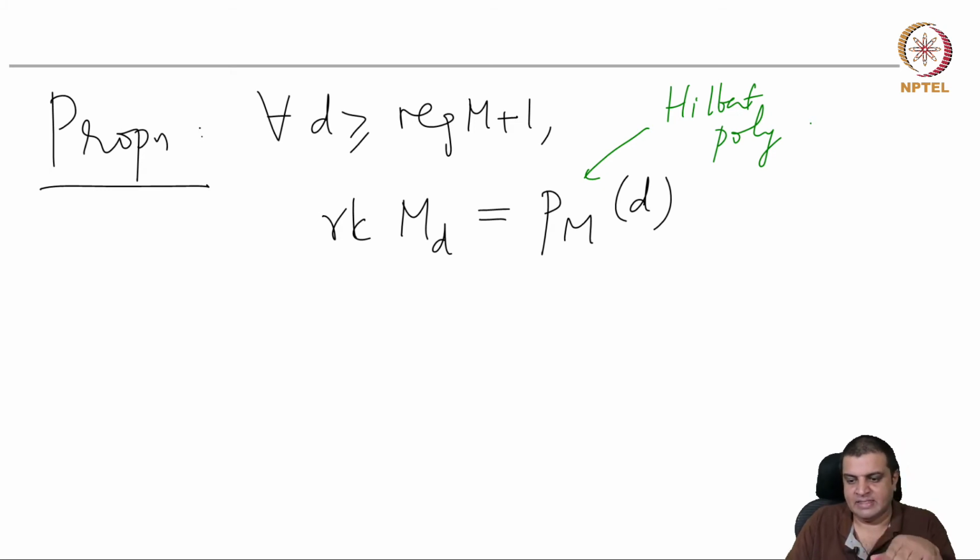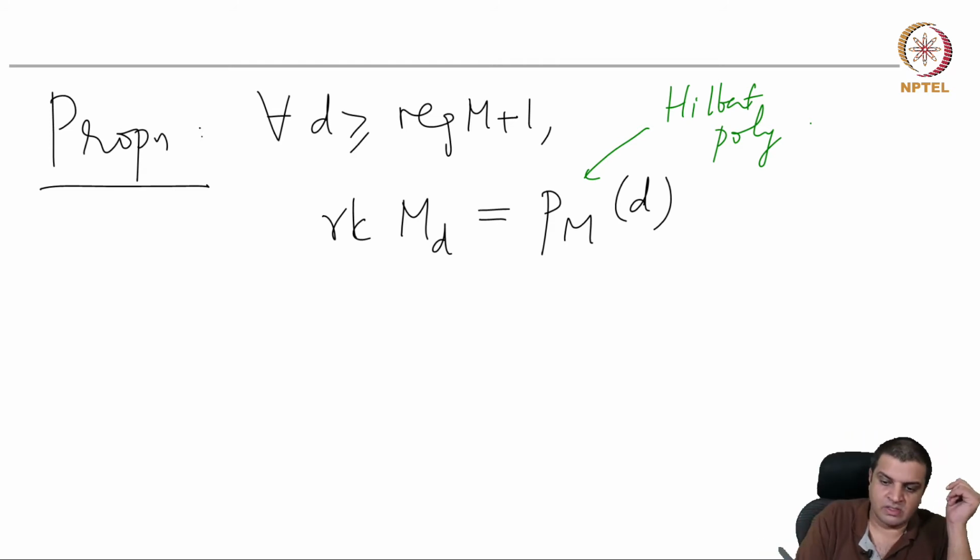After it attains regularity, it will be given by the polynomial. So this is one place where, if you knew the regularity, then from regularity plus 1 onwards we know what the Hilbert function is, just by looking at the Hilbert polynomial. Okay. So we'll prove this.